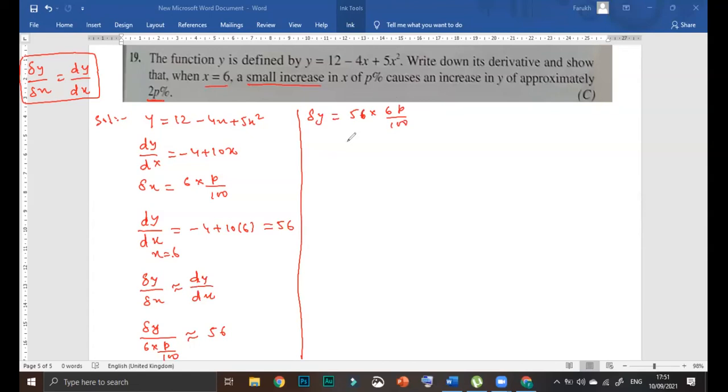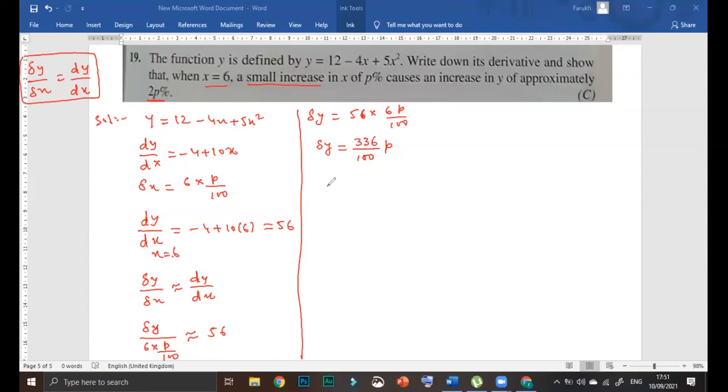And what is 56 into 6? Sir, it's 336. 56 into 6, acha, 336. Okay.